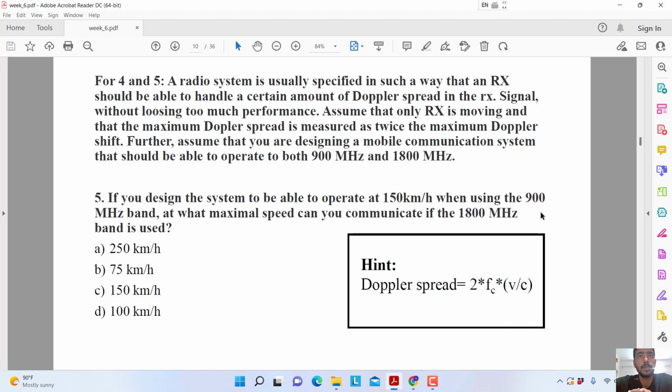As I told you, firstly calculate the Doppler spread for 900 megahertz. By using this, you can get your maximum speed.